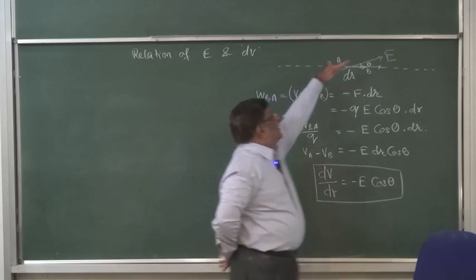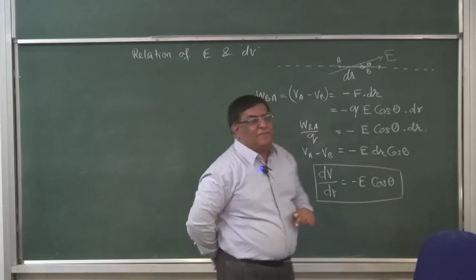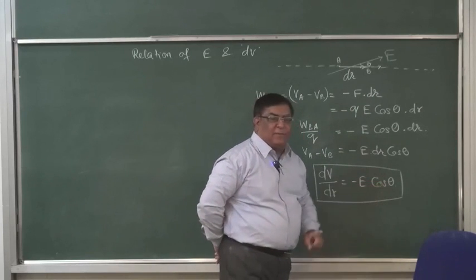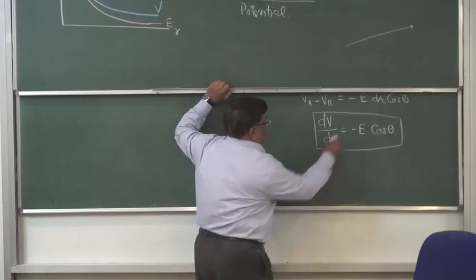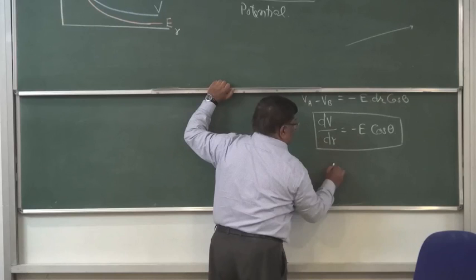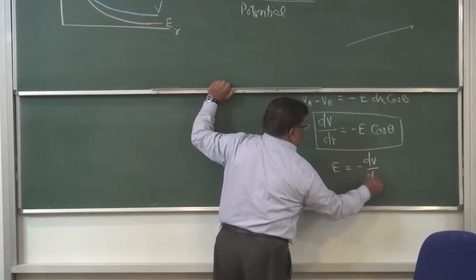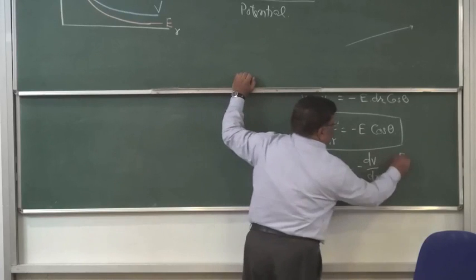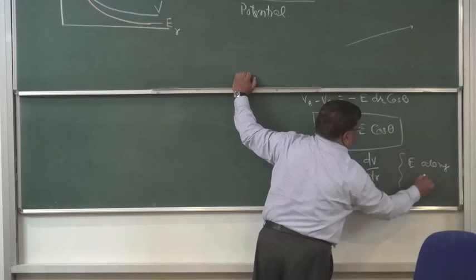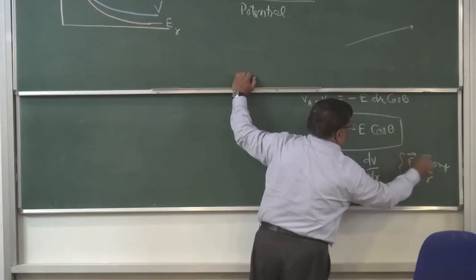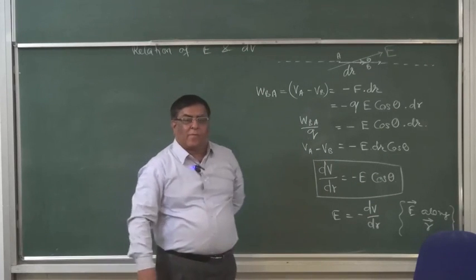Suppose E and r are in the same direction, then theta is equal to 0. If theta is equal to 0, then cos theta will be 1, and we will have a very simple relation, and that relation is E is equal to minus dV upon dr. Correct?